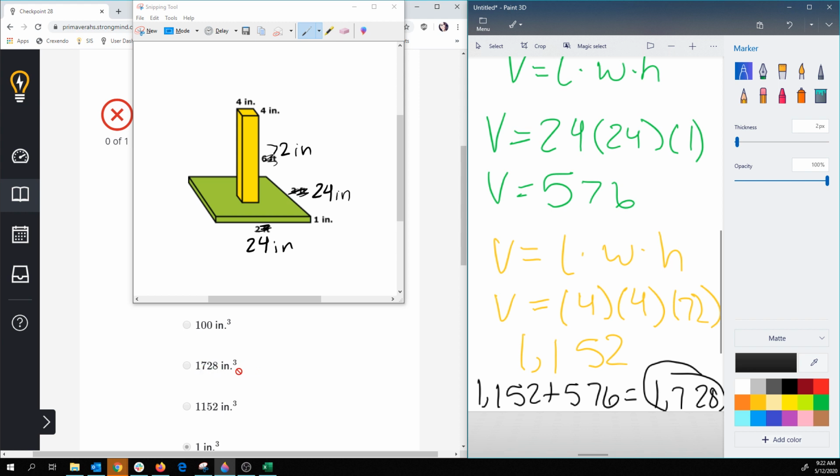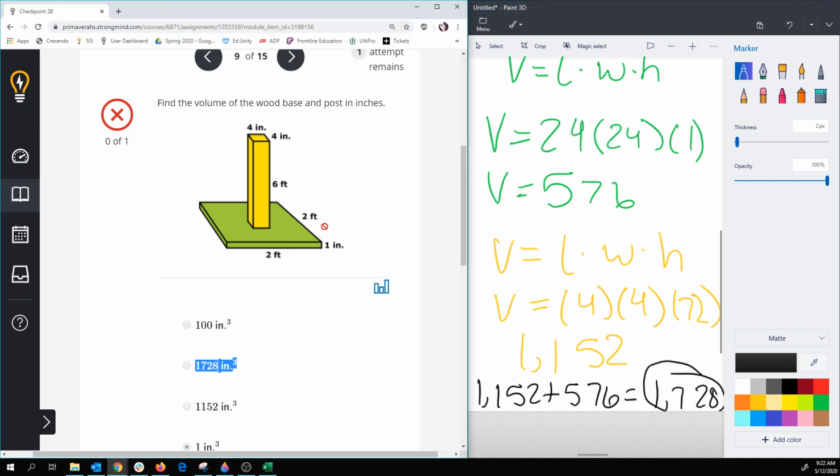And again, you have to keep an eye on those units. The course loves to give you mismatched units, so make sure that you're reading what the units are in the final answer. Right here we want inches, you also see inches here, and make sure that you are converting before. You must convert before you find your volume.